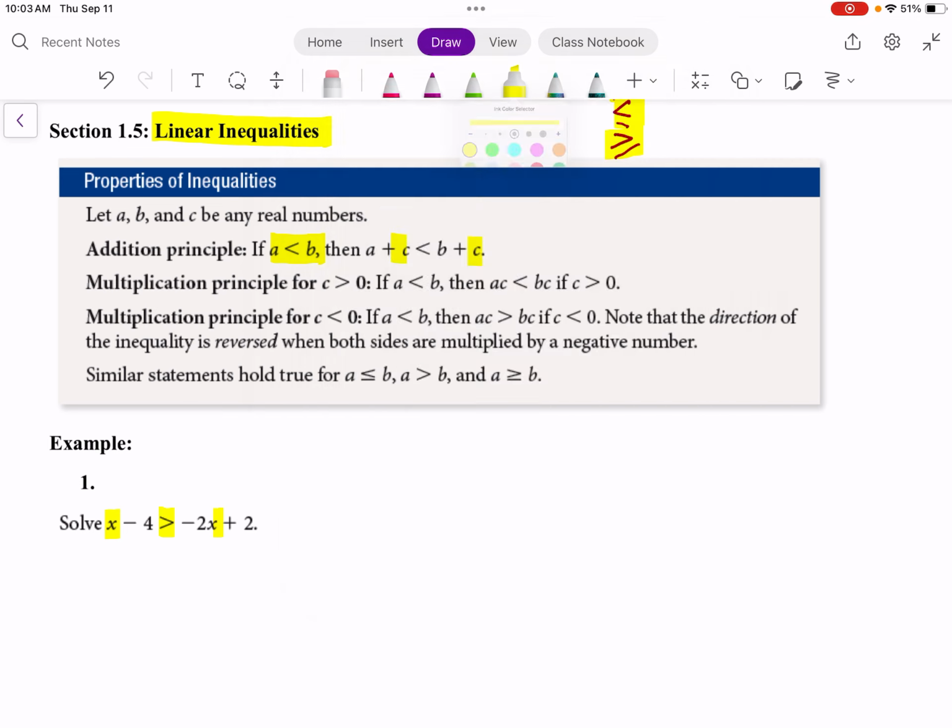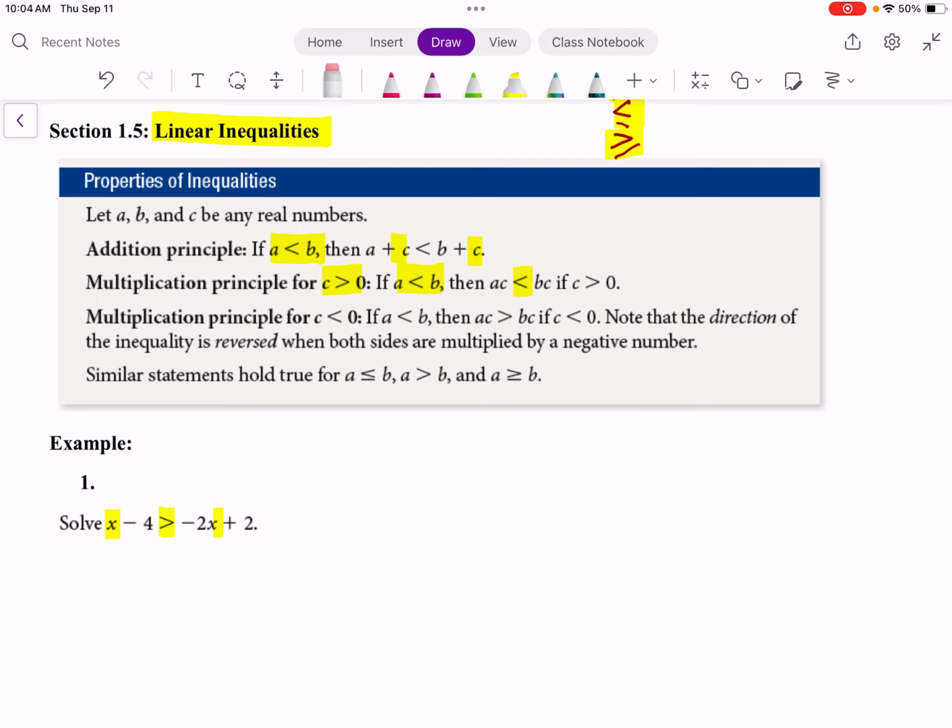Now the next thing, if we have an inequality a less than b, and we choose a number greater than 0 to multiply, then the inequality sign remains the same. It can be any inequality like less than or equal to, or greater than or equal to, the rule remains the same.